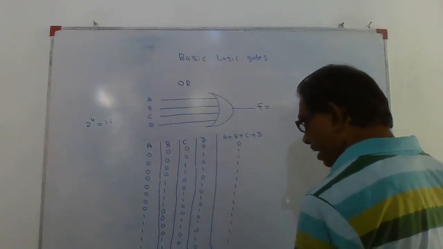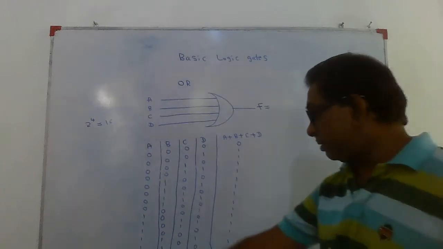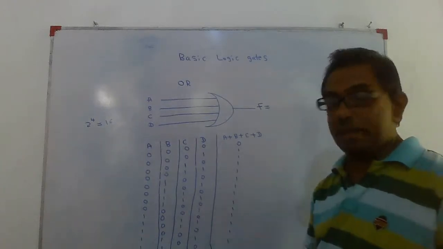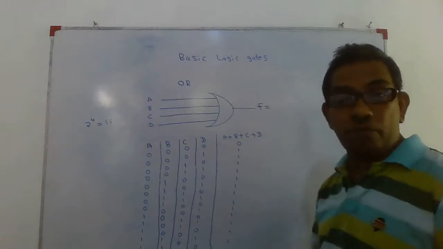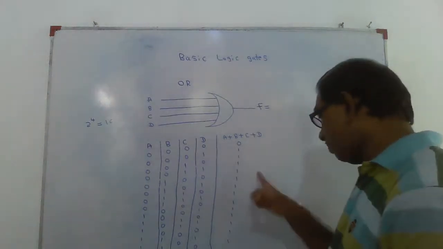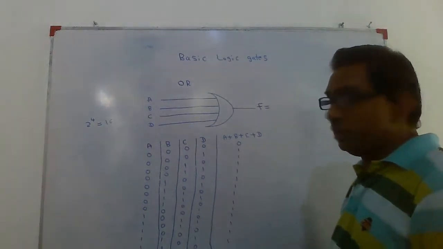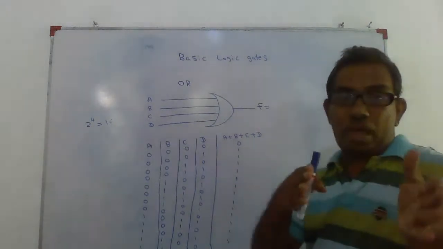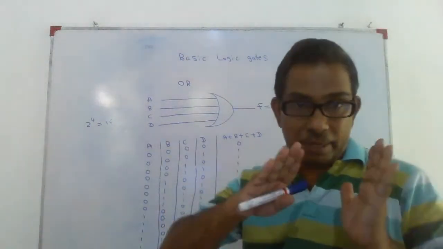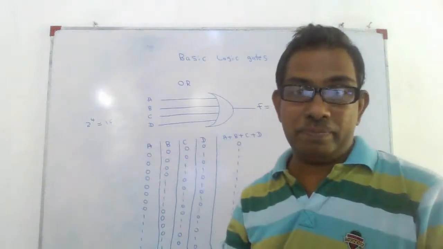If you have any number of ones, I mean if there are 3 ones or 4 ones, the same output is 1. So suppose you have 4 ones, you get the output as 1.